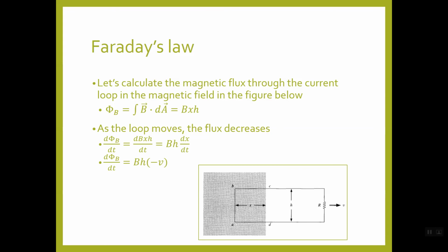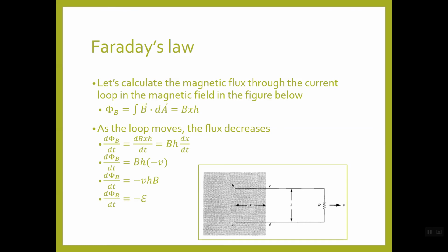So we have dx dt, which is just the velocity, or speed, at which we're pulling the loop over. Since x is decreasing, we have a negative v. So our d phi dt is going to be minus vhB.